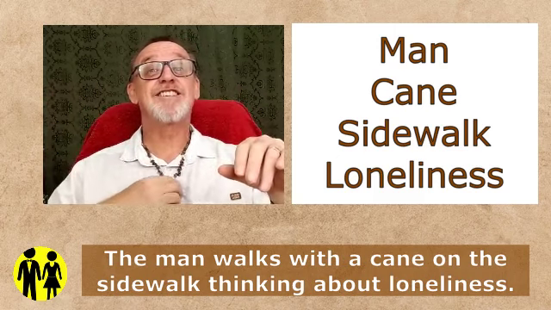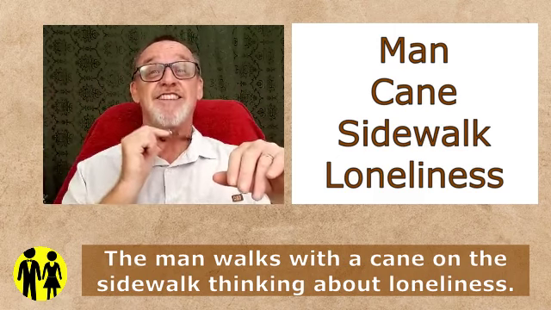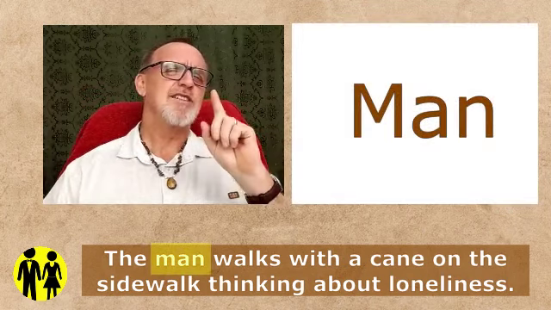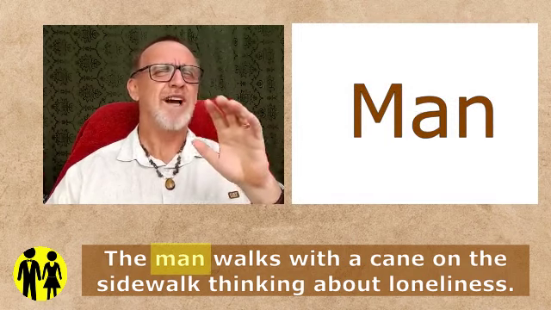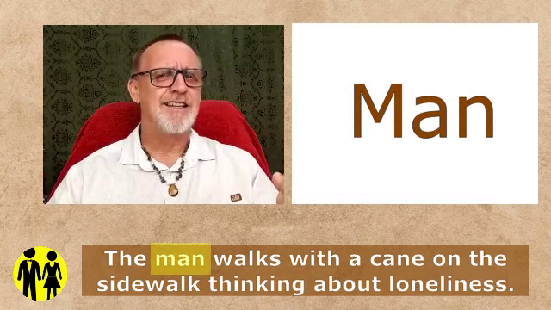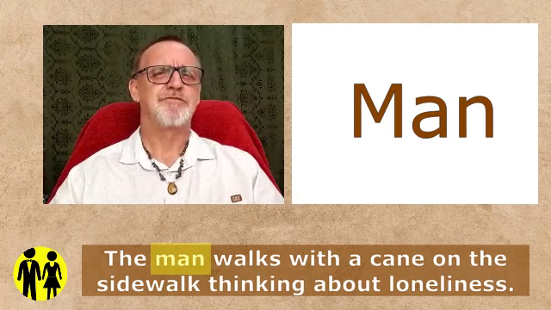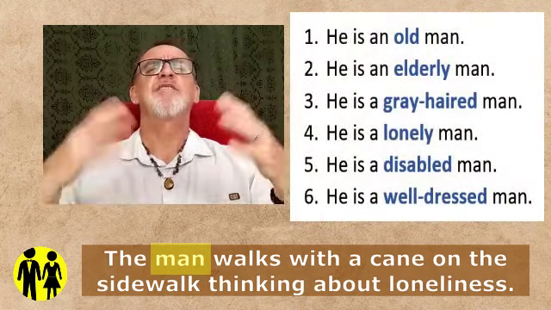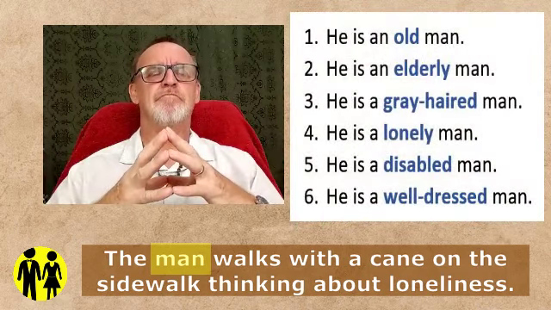Now we can start adding quality adjectives. So we ask the question, what kind of man is this man? And I've come up with 6 answers. He is an old man.